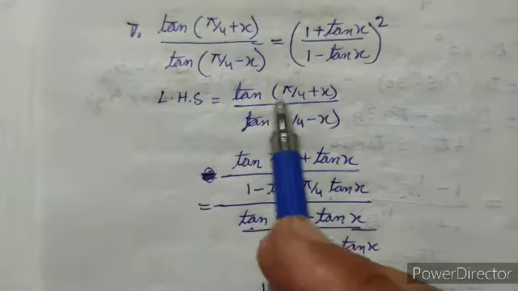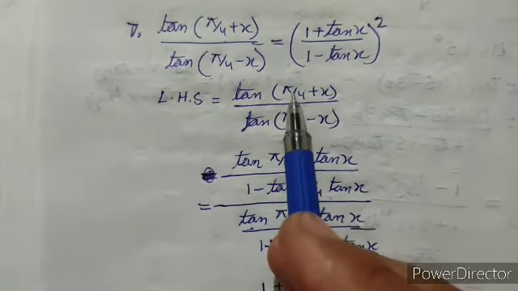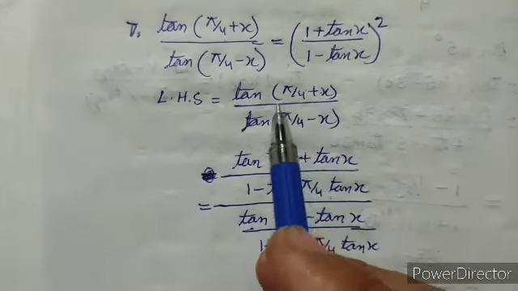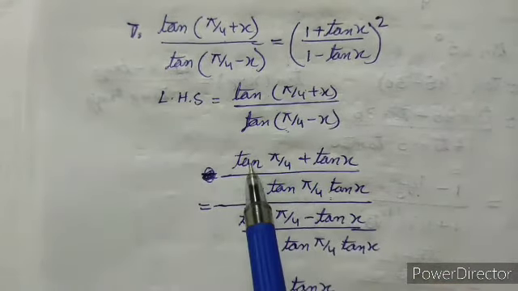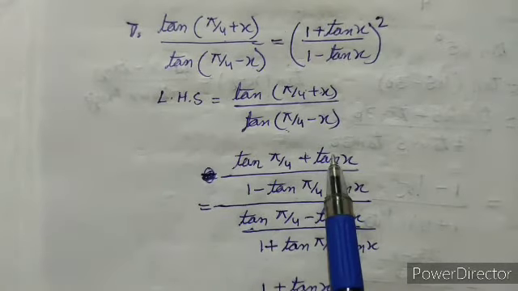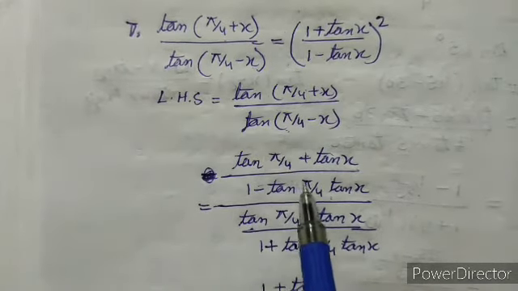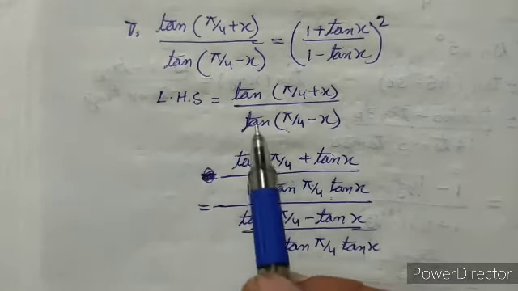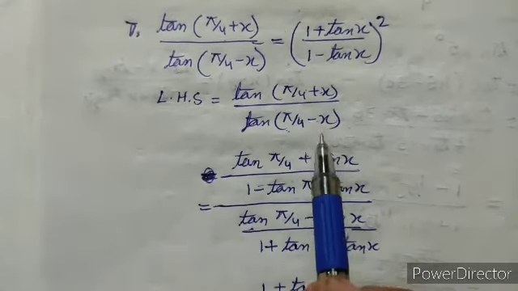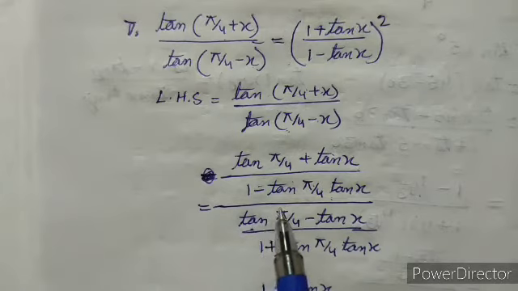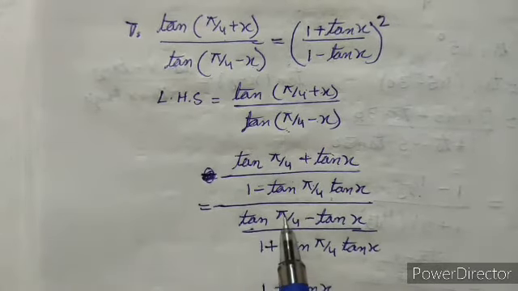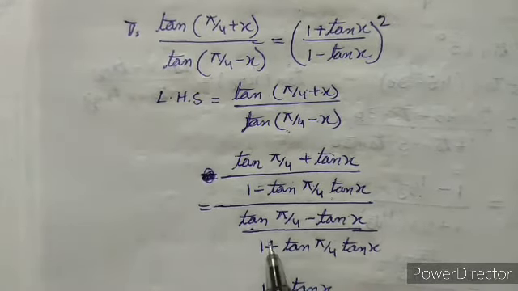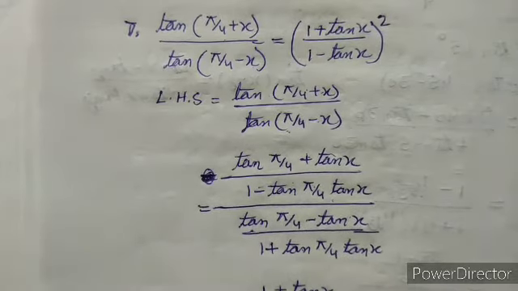As we know, tan(x + y) is equal to (tan x + tan y) upon (1 − tan x tan y). So tan(π/4 + x) can be written as (tan π/4 + tan x) upon (1 − tan π/4 tan x). Now tan(x − y) is equal to (tan x − tan y) upon (1 + tan x tan y). So tan(π/4 − x) can be written as (tan π/4 − tan x) upon (1 + tan π/4 tan x).